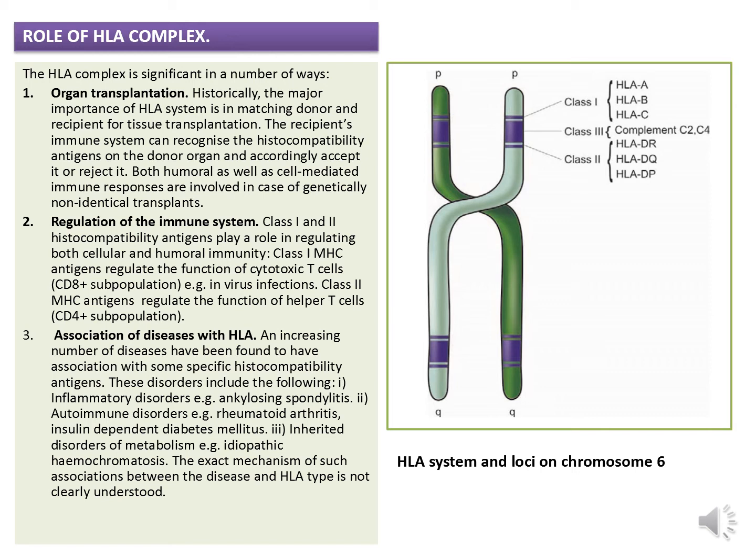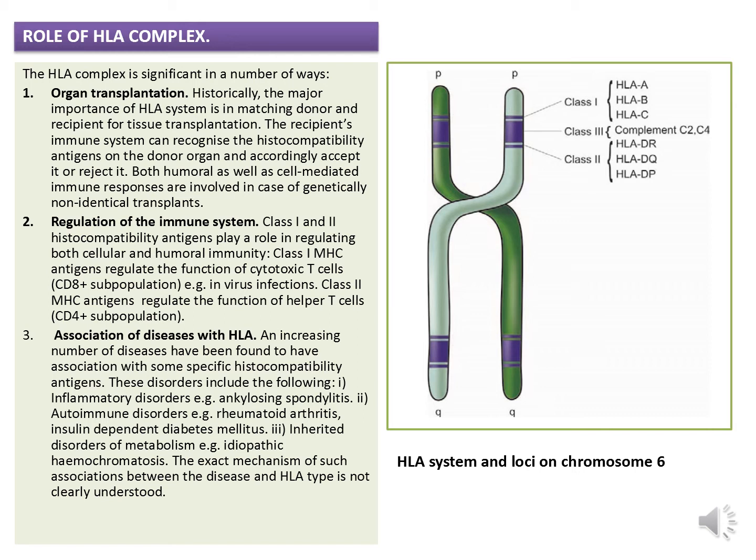Then association of diseases with HLA. Now we know an increasing number of diseases that have been found to have association with some specific histocompatibility antigen. These disorders include inflammatory disorders like ankylosing spondylitis, autoimmune disorders like rheumatoid arthritis, insulin-dependent diabetes, and inherited disorders of metabolism like idiopathic hemochromatosis.